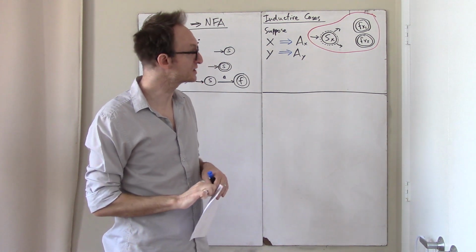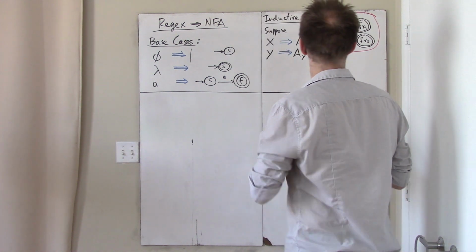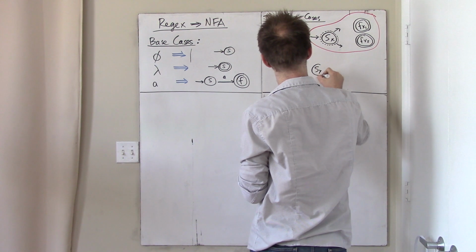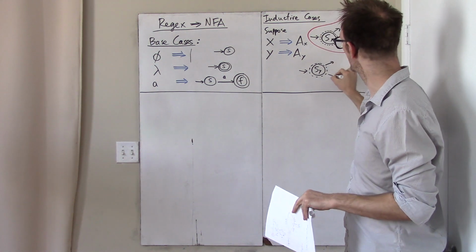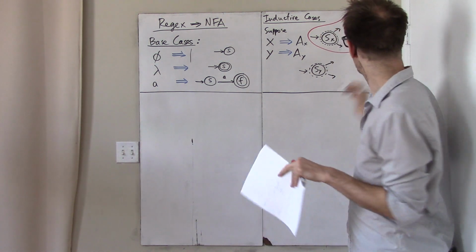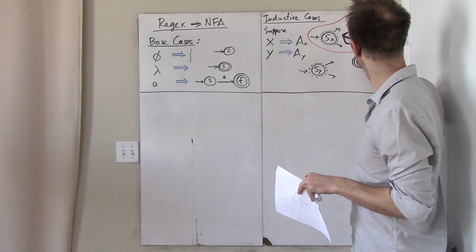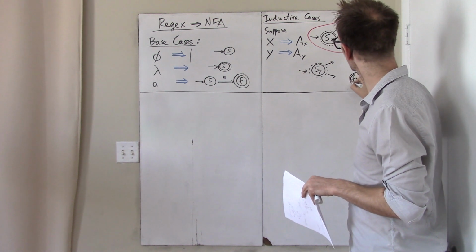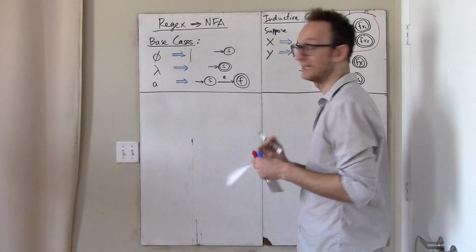And let's just do the same thing for A sub y. So what does A sub y look like generically? Well, there is a start state, s sub y, which may or may not be an accept state. And it's going to have transitions out of it. And it's going to have f y1 and f y2. Of course, there's nothing special about there being two accept states.